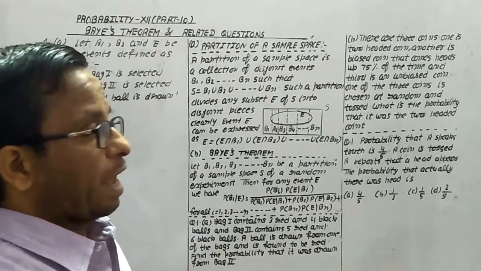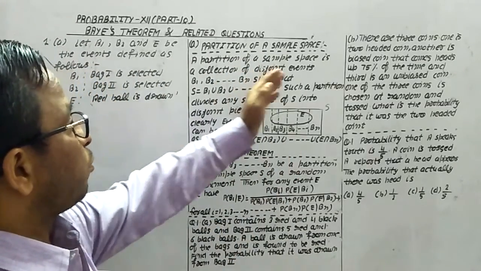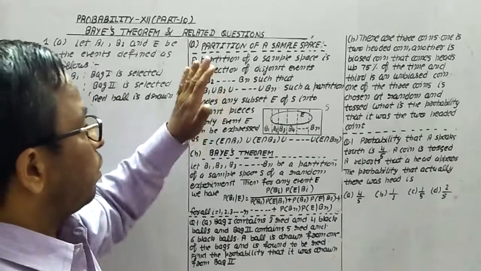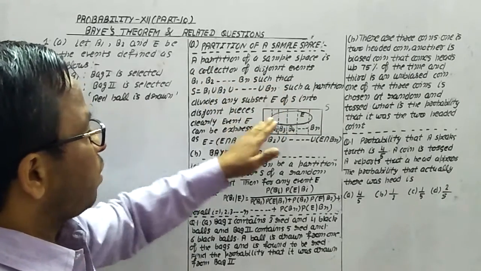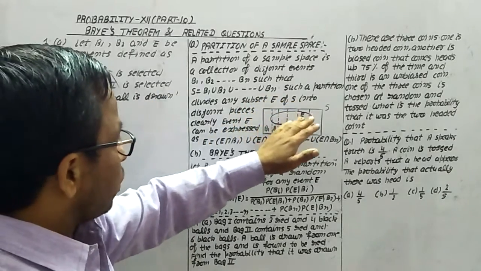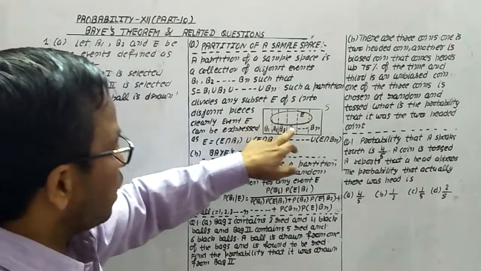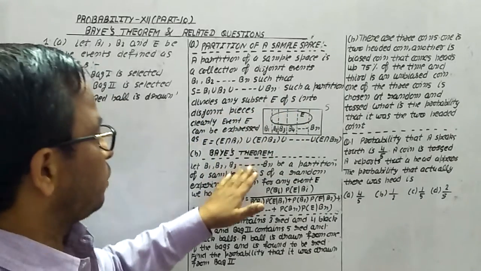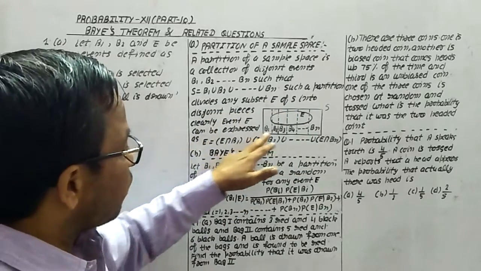Look at this thing. As we did in the last video, let us suppose we have a sample space. We did the partitions B1, B2 and so on Bn. Such a partition divides any subset E of S into disjoint pieces, and this E is given by this part.